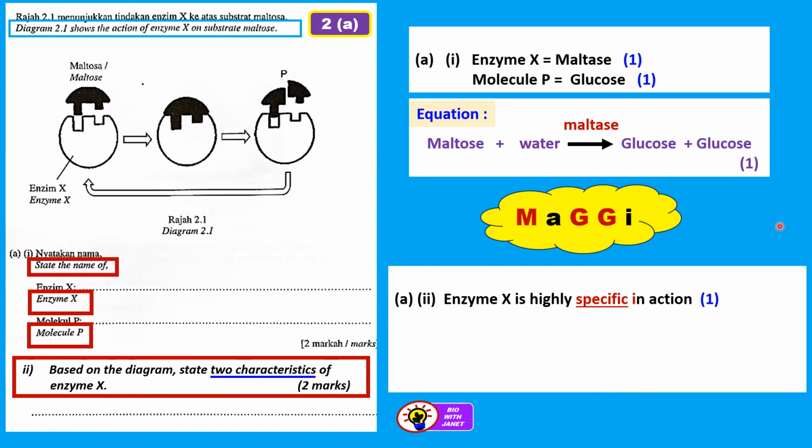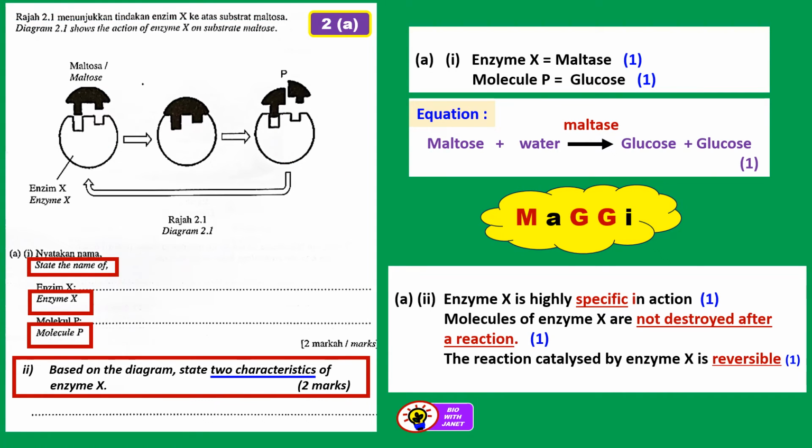So our first answer is enzyme X is highly specific in action. And the second characteristic is molecules of enzyme X are not destroyed after a reaction. You can see from the first to the last diagram, the enzyme remains the same. It's not destroyed.